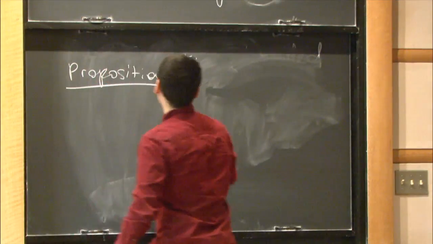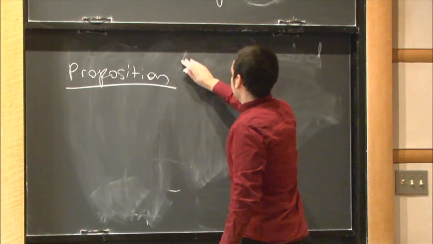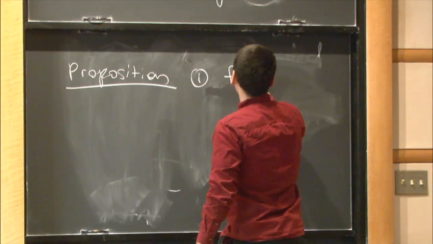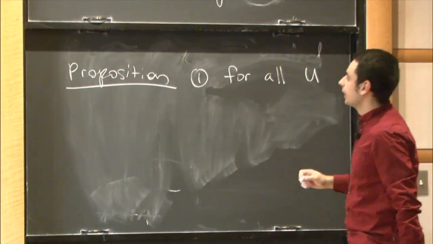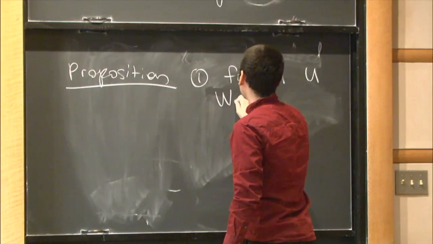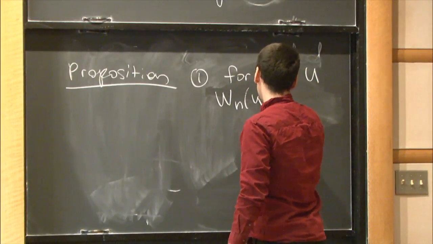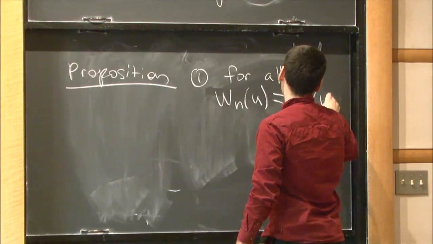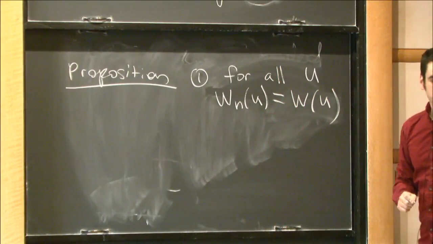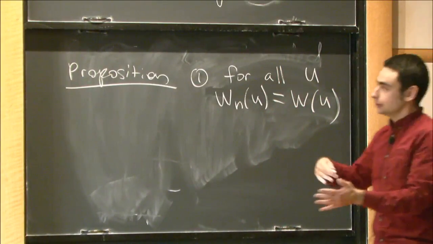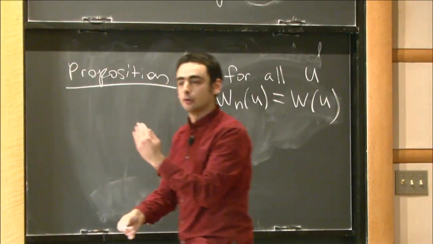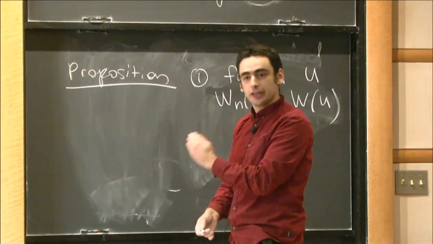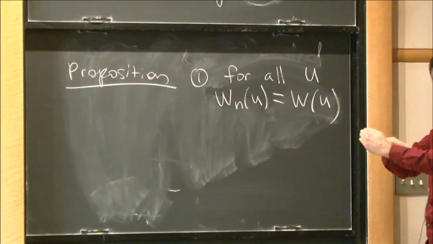So the proposition is that, first, for all U which are open and bounded, the nested width is equal to the regular width of U. It doesn't matter whether you sweep out by hypersurfaces which are allowed to move and go back and forth, or you're only considering sweepouts which are nice level sets of a fixed Morse function, which are all pairwise disjoint.